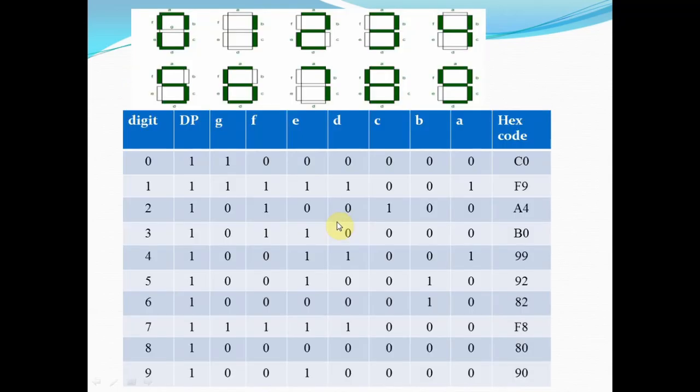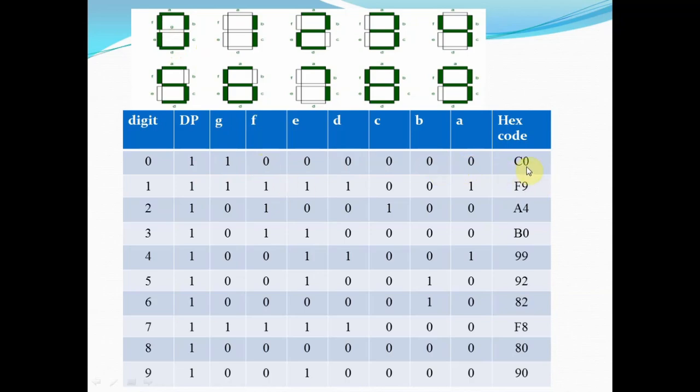Now as per this logic, we have created the codes for the common anode display. See here, again for the number 0, if you want to display 0, you don't want to turn on G and the decimal point. So for G and the decimal point I have written 1, and for all the rest I have written 0.